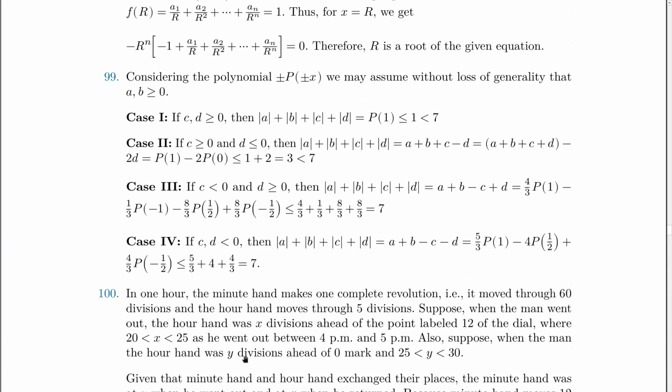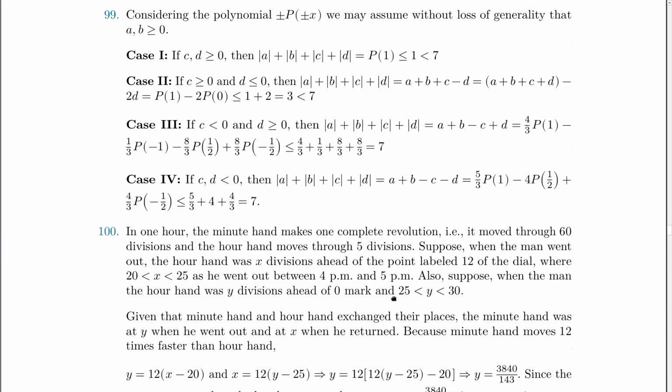Now suppose when the man came back, the hour hand was y divisions ahead of the 0 mark. So it would be 25 less than y less than 30, between 5 and 6.